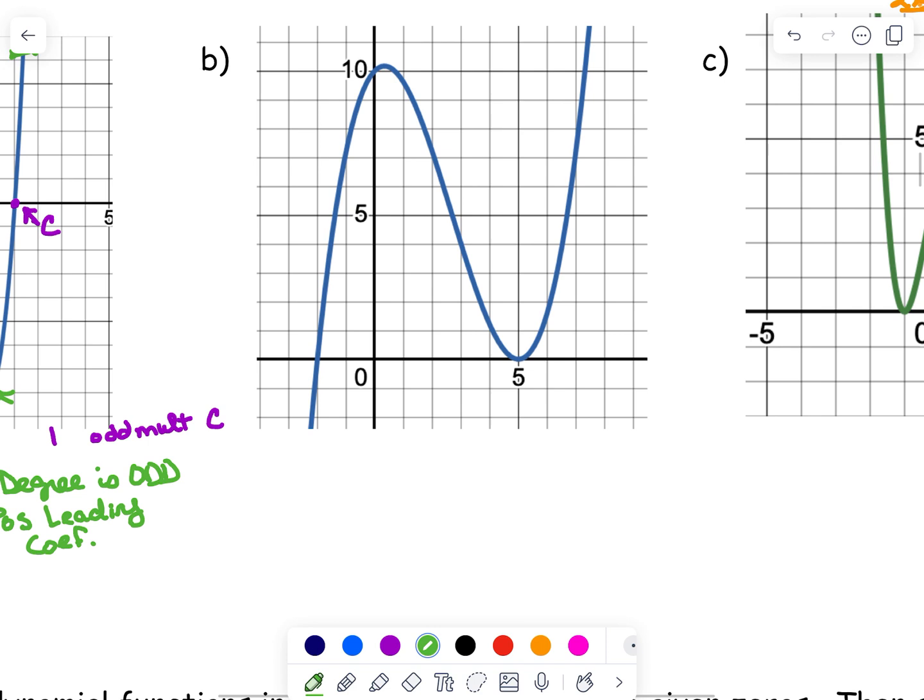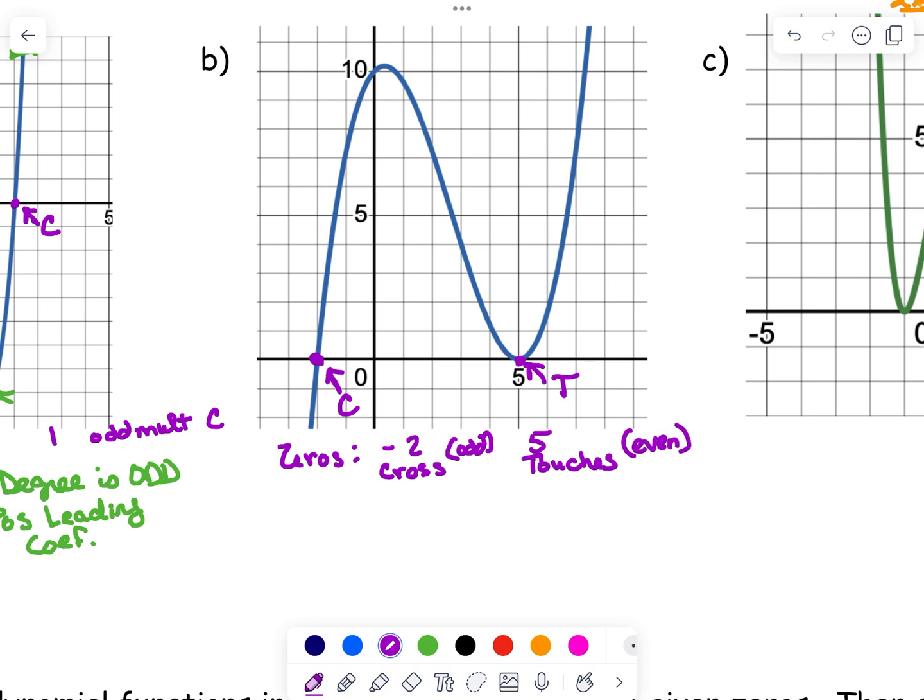Okay, let's look at this one again. So this guy is crossing or going through, and this guy is touching. So when we're looking at this, our zeros are -2 and 5, and this one crosses, and this one touches. So this guy will be odd multiplicity, and this guy will be an even multiplicity, okay?